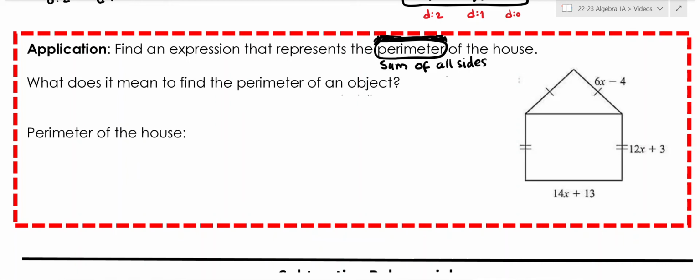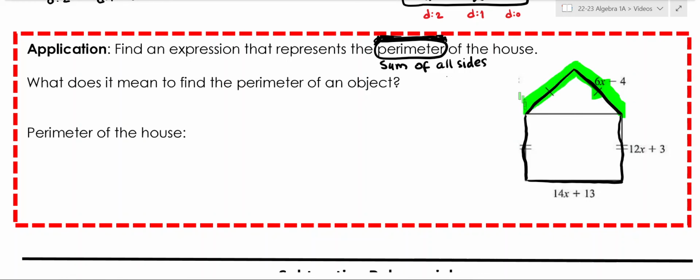So what does it mean to find the perimeter? So we need to find the sum of the two rooftops, I guess, the two walls. I'm trying to make a straight line, and then this one, not the middle one, because that's on the inside. So we just want the outside. We know this one, but you'll notice that this one has a single hash mark right here.